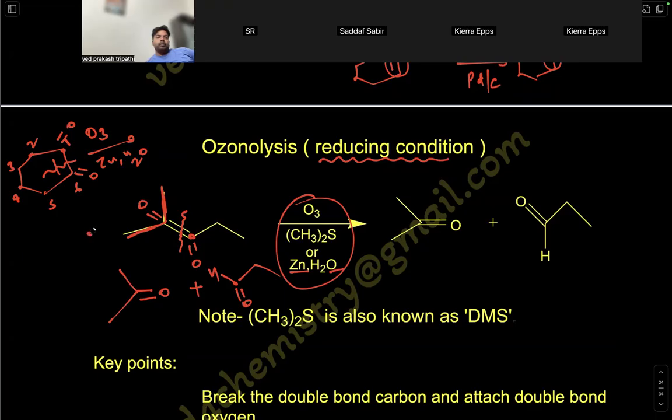Suppose this is my 1. 1 has a double bond O with H. 1 is bonded to 2, 2 bonded to 3, 3 bonded to 4, 4 bonded to 5, 5 bonded to 6, double bond O H. Make sense? Please tell me, everyone.